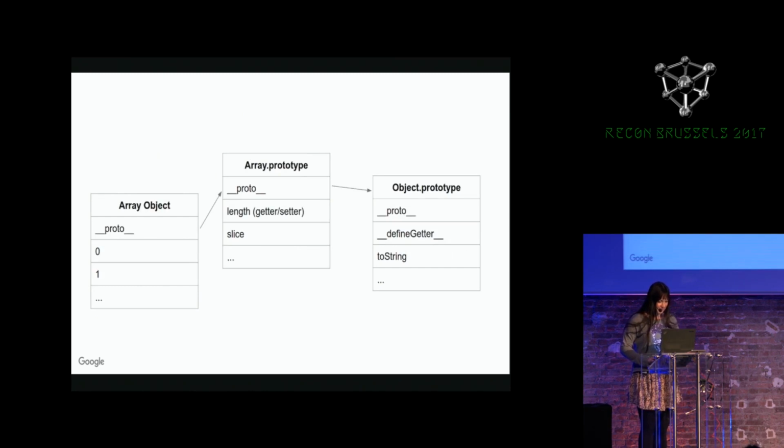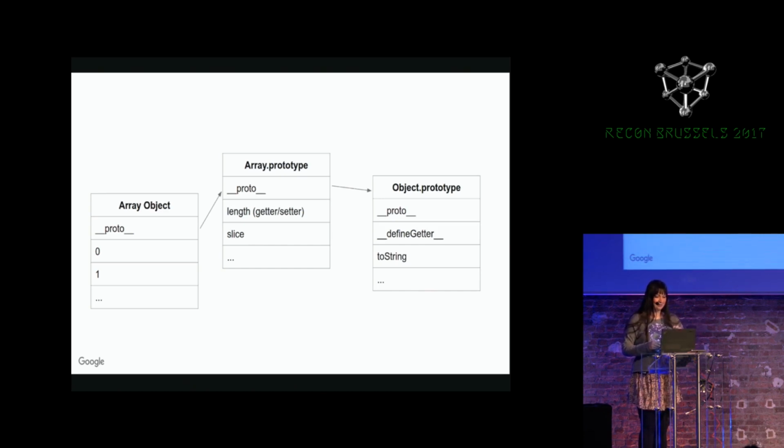And this gets even more interesting if you look at how objects work in JavaScript. So every object has its class hierarchy, and this is defined by the prototype. You start off, let's say you're trying to get a property, like property 1. You'll go and see if it's in the array object.